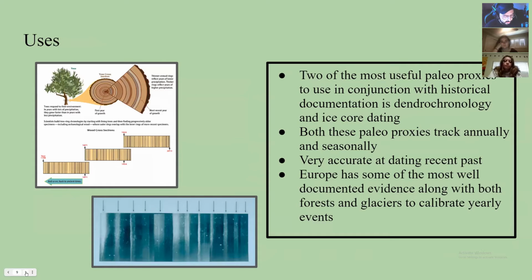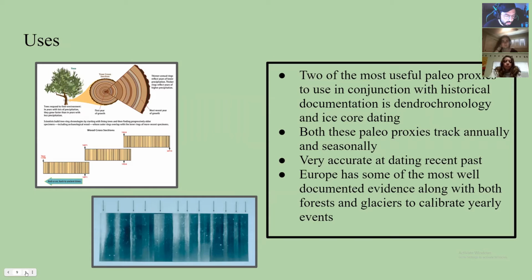The way that dendrochronology is used in conjunction with historical documentation is by way of tracking the tree rings. Trees respond to their environment. In years with lots of precipitation, they grow faster. In years with less precipitation, they grow slower. So thinner tree rings reflect years of lower precipitation, and thicker rings reflect years of higher precipitation.